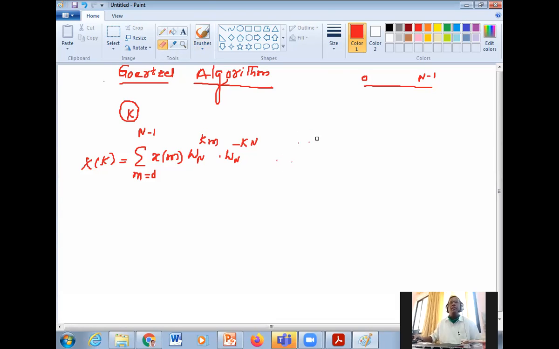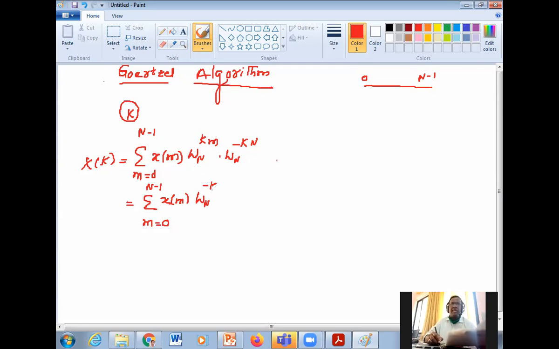So this can be written as the summation, m equals 0 to n-1, x of m into w n to the power minus k.